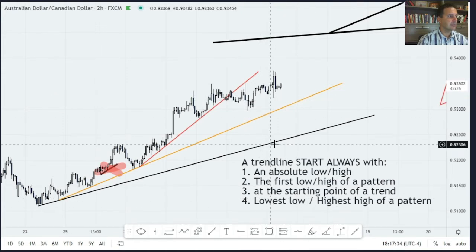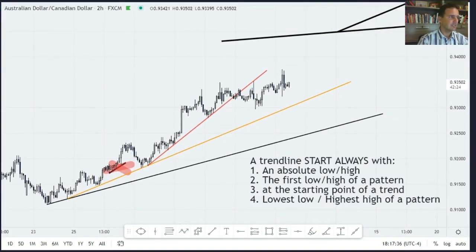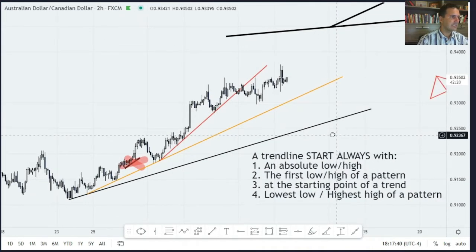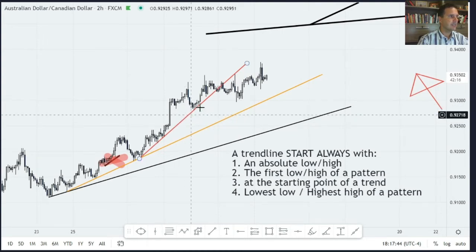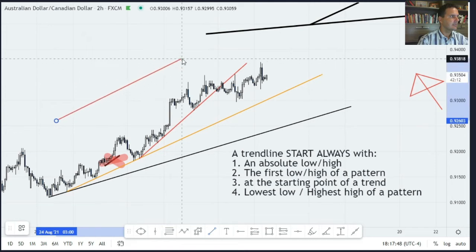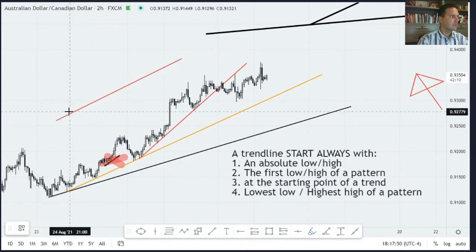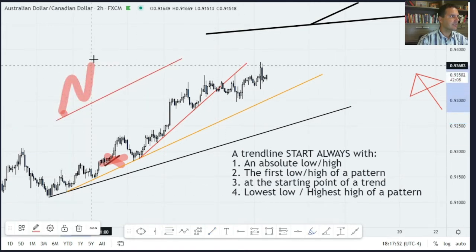Why not? A trend line, we learned this from the previous lessons. If this is your first time, please go back and watch lessons 1, 2, 3, 4. So this trend line, the red one, is not correct. Why not? A trend line is a tool that confirms a trend.